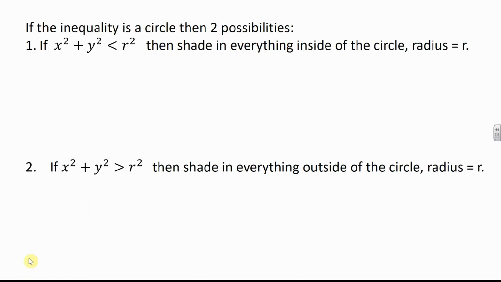All right. What if you have a circle? You will have some problems where you have a circle. So if it says x squared plus y squared is less than r squared, that means you're going to shade in everything inside the circle. And if it says x squared plus y squared greater than r squared, that's everything on the outside of the circle.